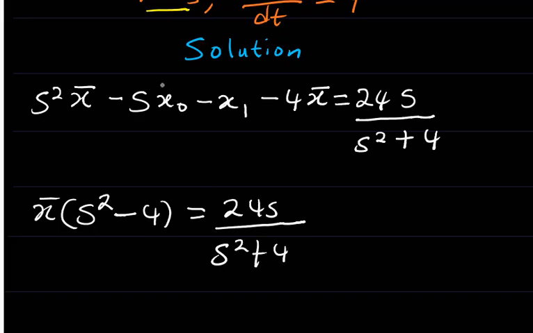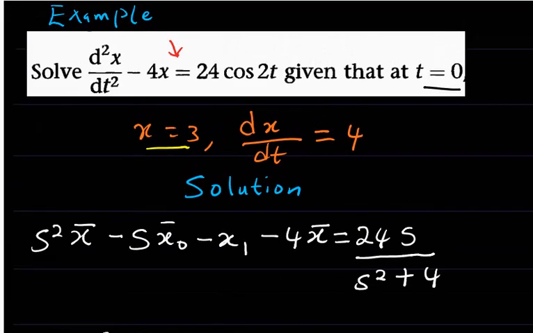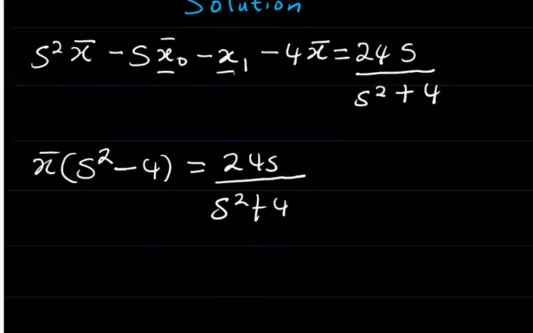The initial value x(0), at t equal to 0, is 3, so here I'm having 3s. Then of course dx/dt is 4, so here I'm having 4. I'll take these to the other side of the equation: minus goes over and becomes plus 3s, then minus 4 goes over and becomes plus 4.